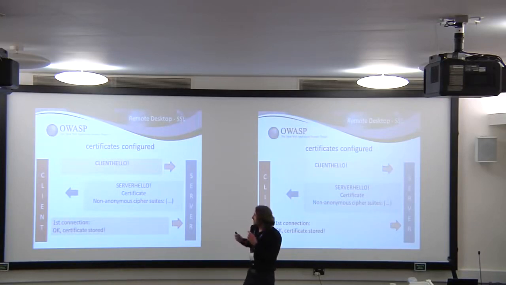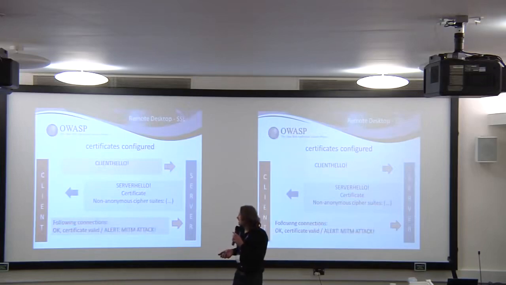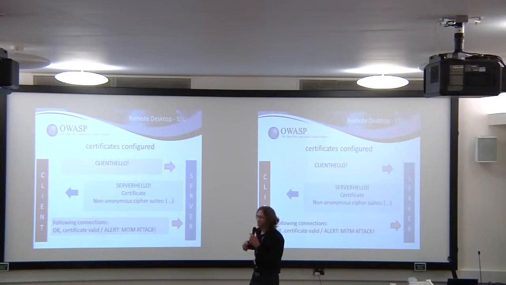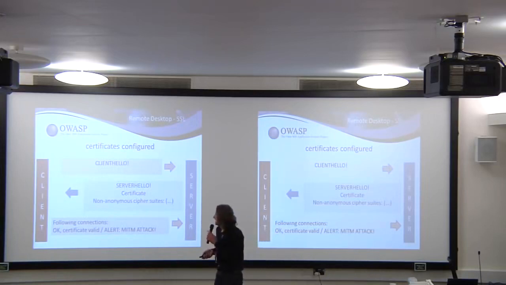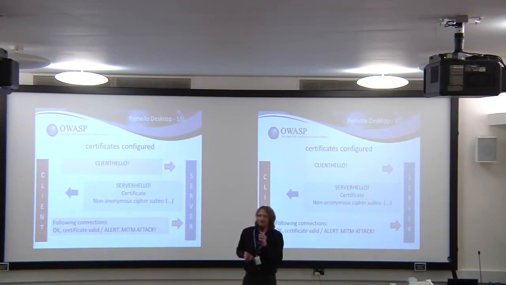Then during the following connections, the client can verify if the certificate is still the same, and if there's some kind of man-in-the-middle attack, it can send an alert. So, any ideas? What can we do about this protocol? How can we hack it?